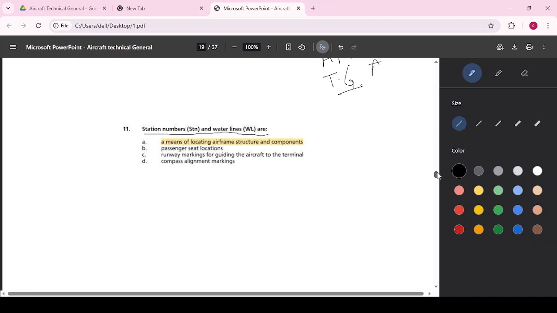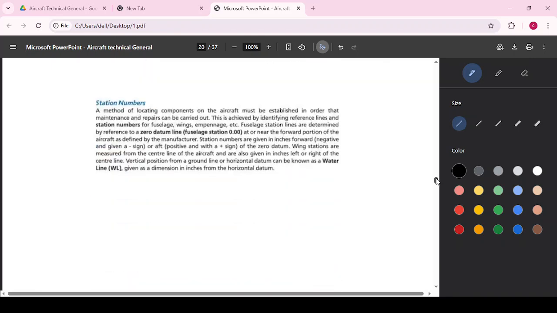We know that in the aircraft, station numbers are a method of locating components on the aircraft in order that maintenance and repairs be carried out. This is achieved by identifying reference lines and station numbers for fuselage, wings, empennage, etc. Fuselage station lines are determined by reference to a zero datum fuselage station.